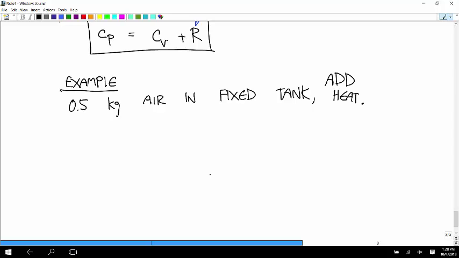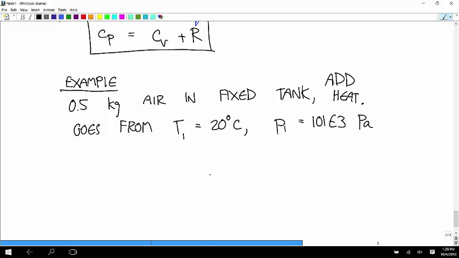And the temperature goes from T1 of 20 degrees Celsius and pressure P1 of 101 times 10 to the third pascals to a pressure P2 of 202 times 10 to the third pascals, so 2 atmospheres.